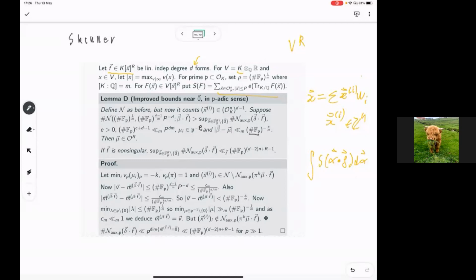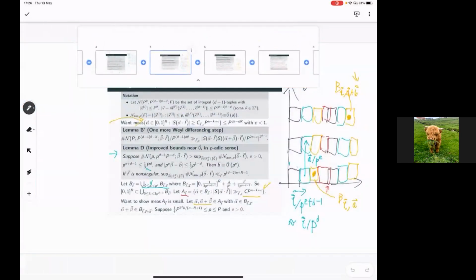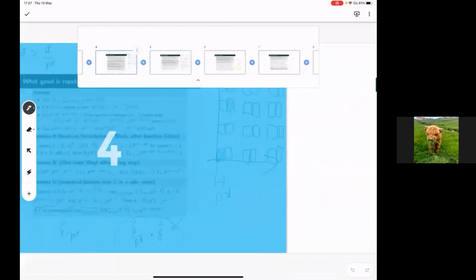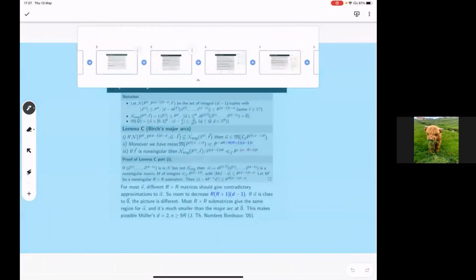Okay, so we have a question about this S alpha plus beta. So let's see if I can find a slide on which this is displayed reasonably nicely.